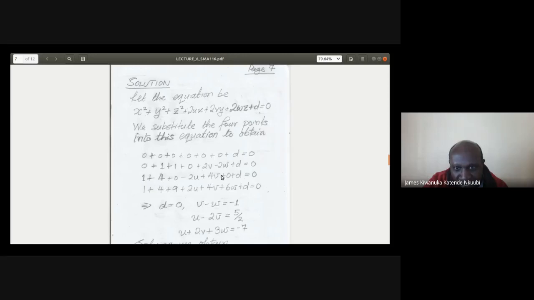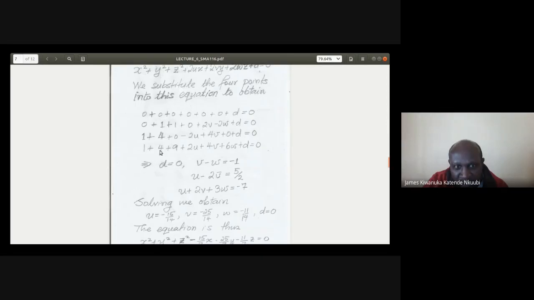If you simplify the third equation here, you will get u minus 2v is equal to 5 over 2. And if you simplify this last equation, you should get u plus 2v plus 3w is equal to minus 7.